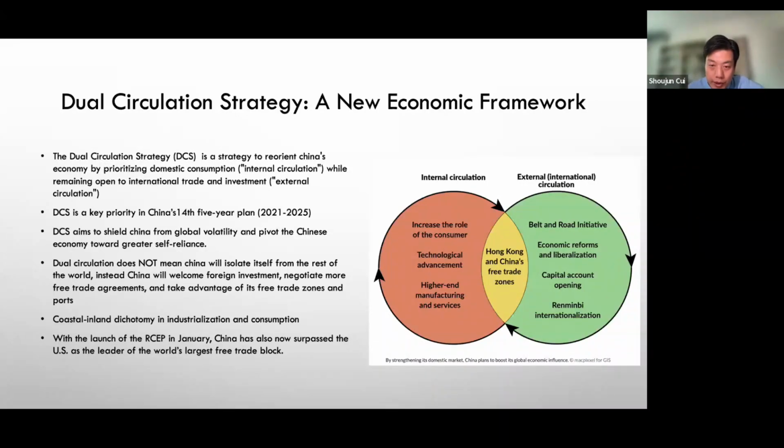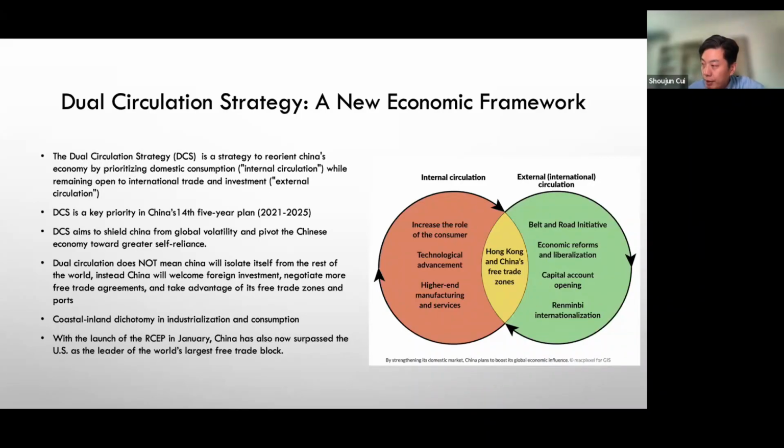And also technology advancement. China put forward a Made in China 2025 plan in 2015. Because of the pressure from the US and the technology decoupling between China and the US, China right now prioritizes technology innovation.